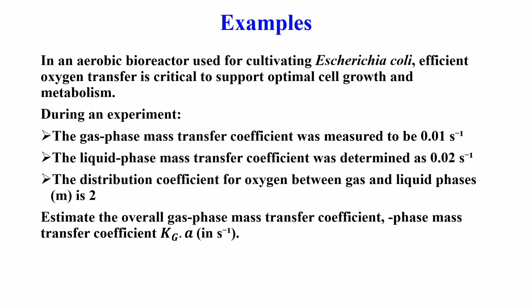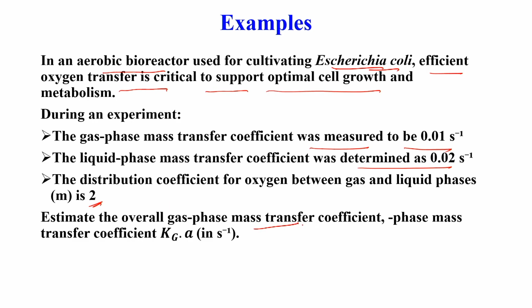In a similar way, in an aerobic bioreactor we are cultivating E. coli, and efficient oxygen transfer is crucial to support optimal cell growth and metabolism. These are the data we got from the experiment: the gas phase mass transfer coefficient was 0.01, the liquid phase mass transfer coefficient was 0.02 second inverse, and the distribution coefficient was 2.